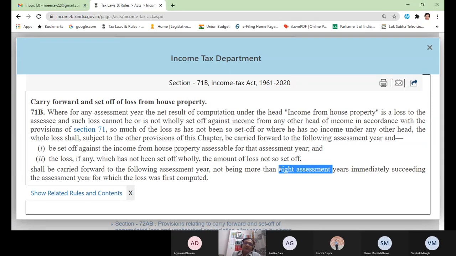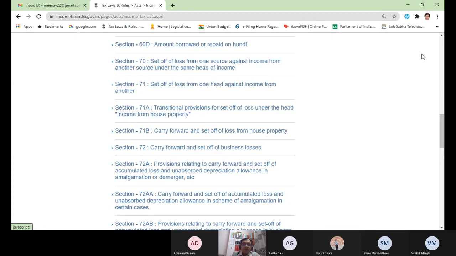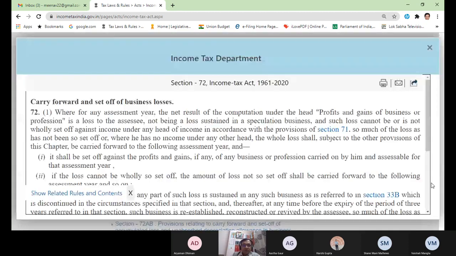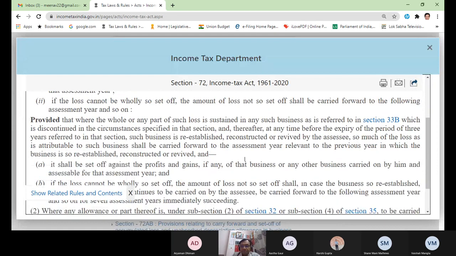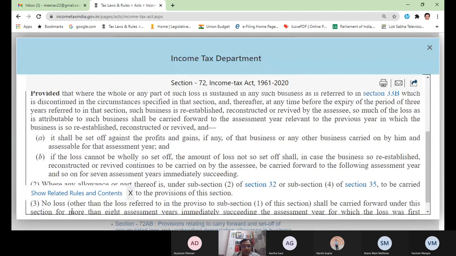So everything in the table is derived from the Act, 71B. 72 was dealing with what? Non-speculative losses. Here also I told you the time of 8 years. It is written here, 8 years, not more than 8 years.